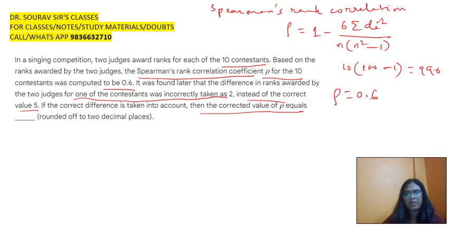So, this is the incorrect one. Through the incorrect one, we will find the value of summation di square. Now, 0.6 equals 1 minus 6 summation di square divided by the denominator 990.